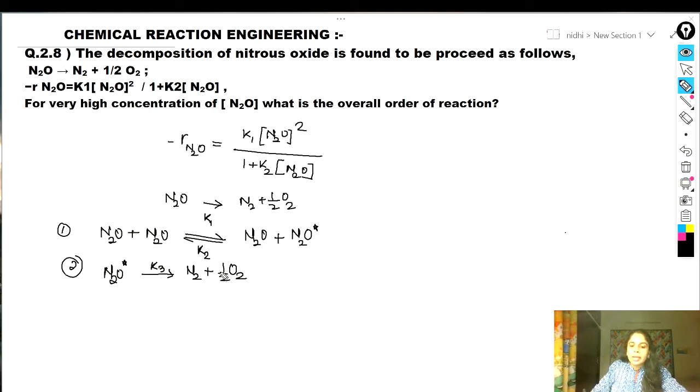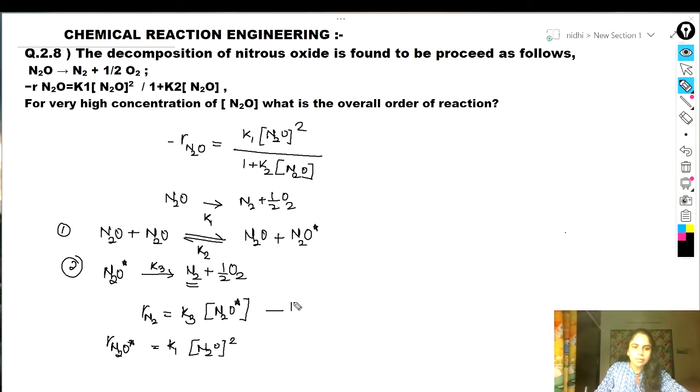Now the rate of reaction is given by the rate of formation of N2. So r N2 equals k3 [N2O*], the intermediate. Now the formation of the intermediate N2O* is given by k1 [N2O] squared.